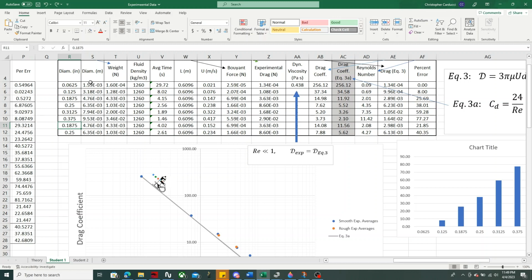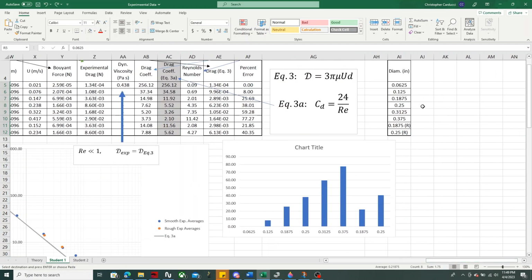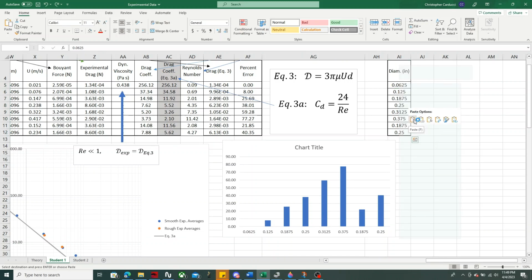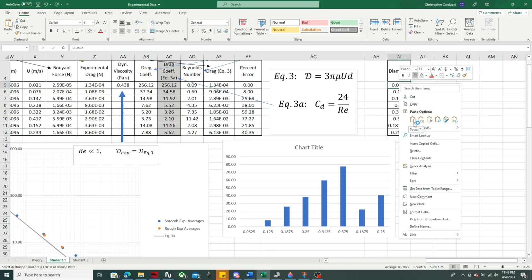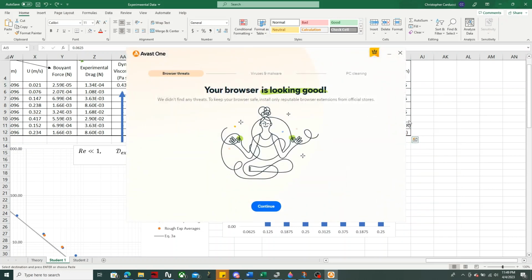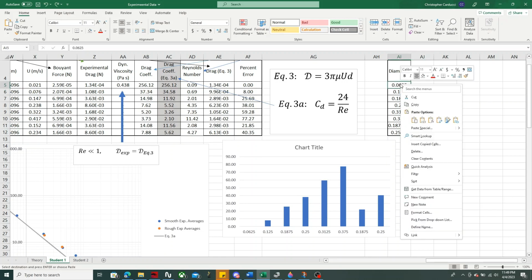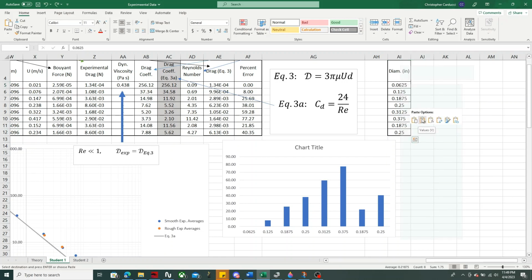So one thing you can do, and this is what I recommend, Control C, so copy this entire column, and here's another little tip. You want to right click, and instead of pasting the cells, which will also paste the equations used, just paste the values.